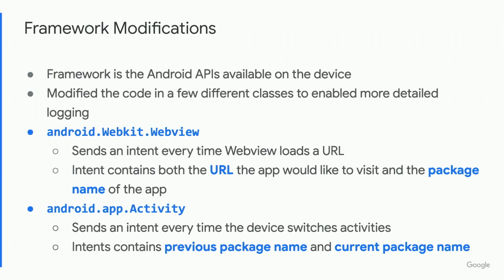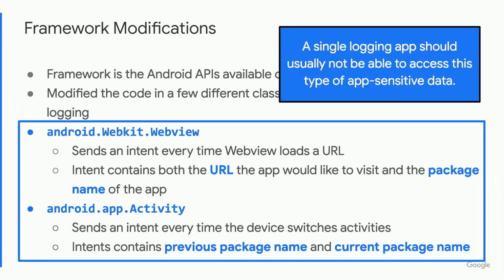They also did this for the activity subclass, which is run just about all the time. So again, they were trying to track when applications were switching, who was in the foreground, who was in the background. And so the reason they had to go down to the framework level was that a single logging app, based on the Android sandbox, should not have that type of app-sensitive data.